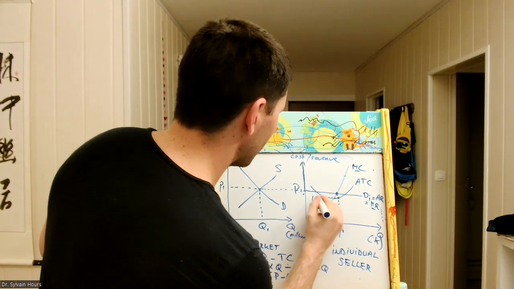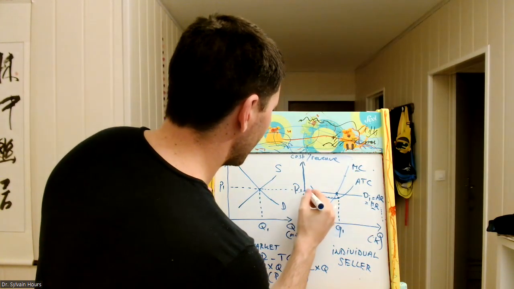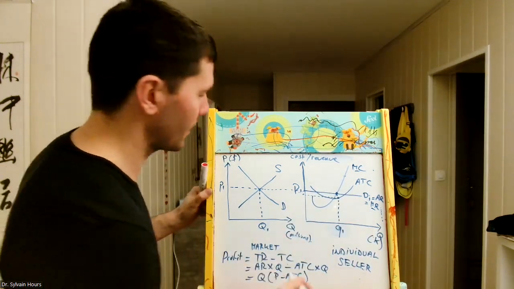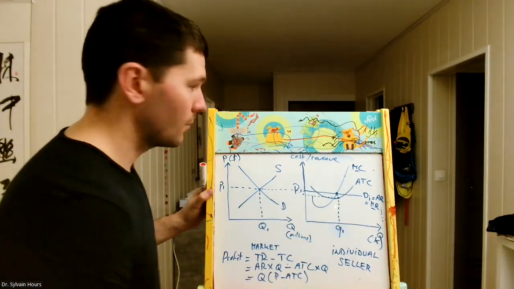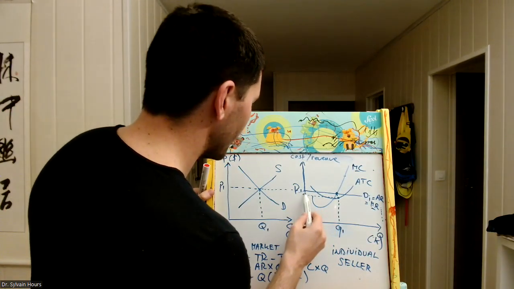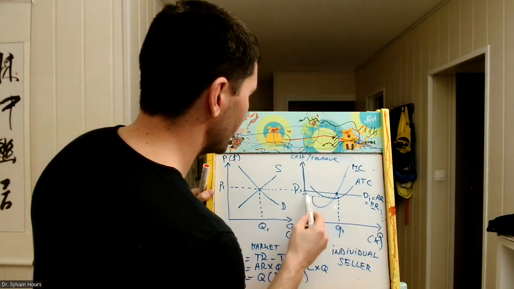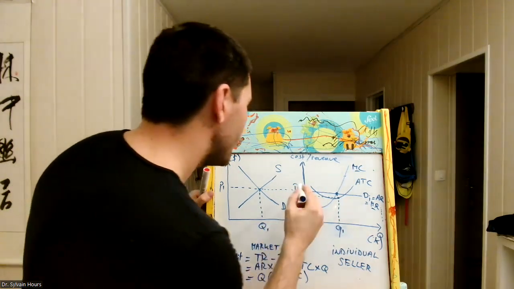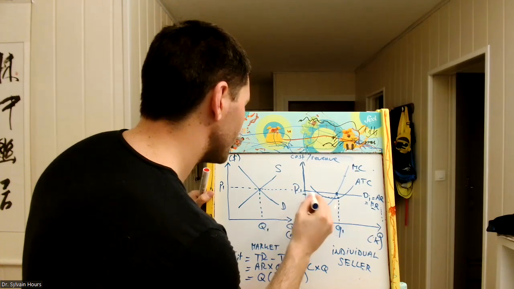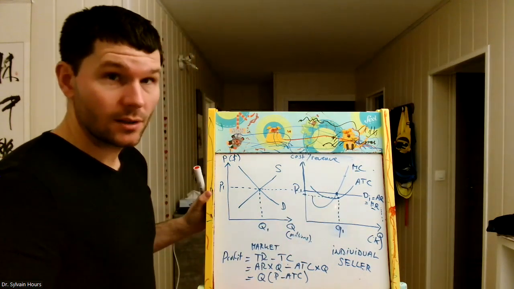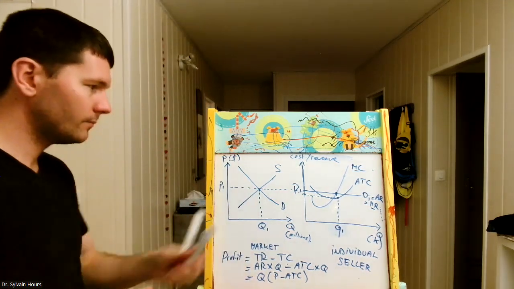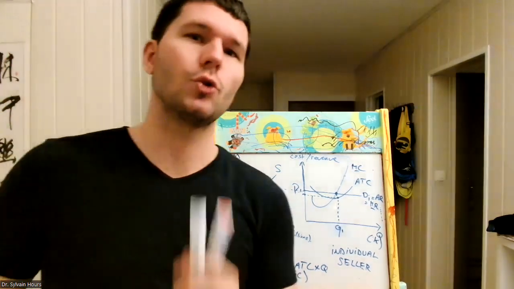And again, it's not amazing, I apologize. And this area, I'm not going to shade it because otherwise we won't see anything when I show the long-term adjustment. But basically this rectangle is the abnormal profit. You see the price is greater than the average cost at Q1, which indicates abnormal or supernormal economic profit. This is a short-run equilibrium.